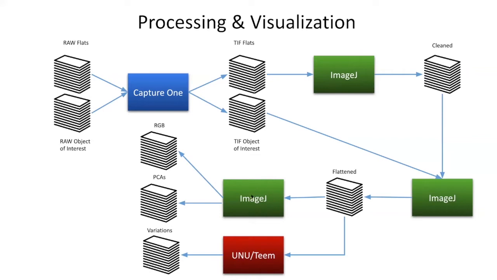So in ImageJ, you can generate an RGB image, natural light image, or RGB pseudocolor images, or you can generate PCAs. And then also from those flattened images here at Duke, we use a custom process to generate other variations and visualizations of the image stack. And that's a process I'll discuss in a little bit.